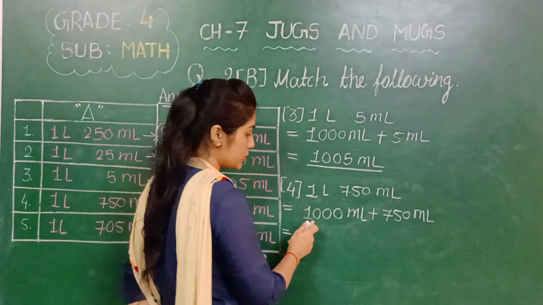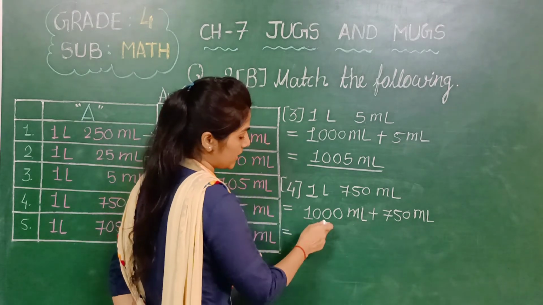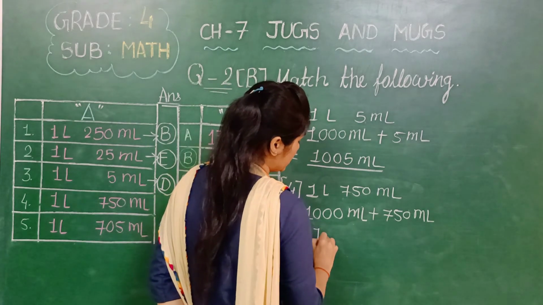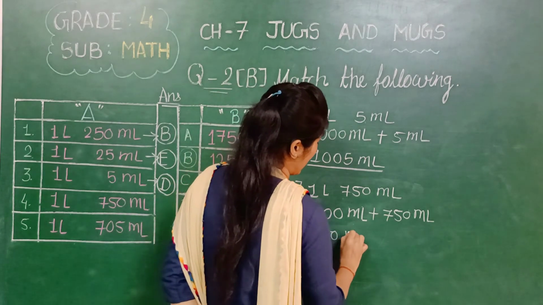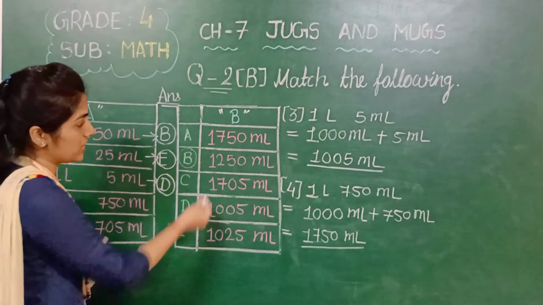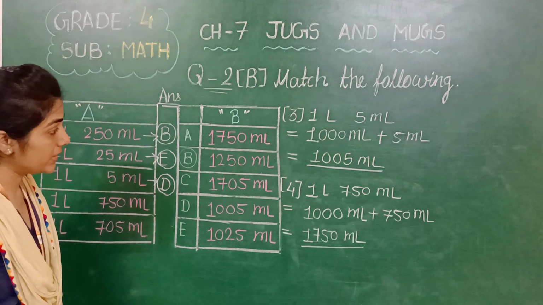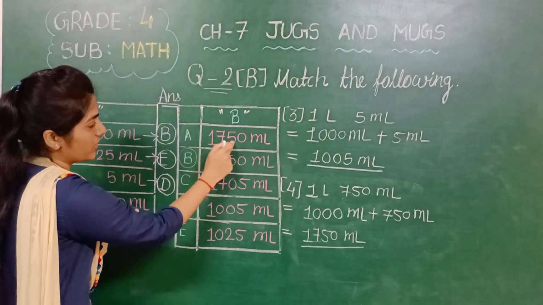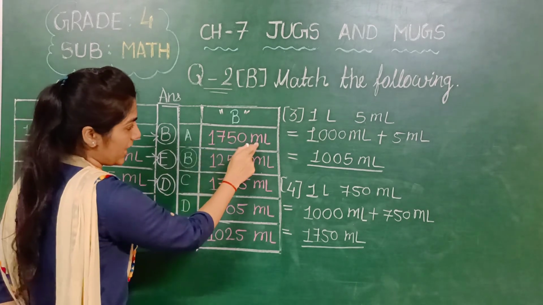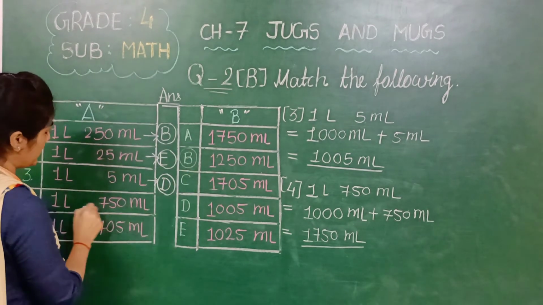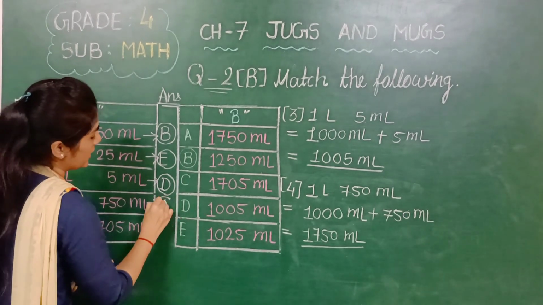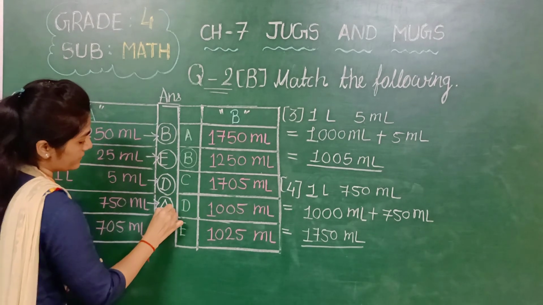Now how to do the addition? Directly you can do it because 3 zeros are there. So 1000 plus 750 is 1750 ml. This is your answer. This answer is given in front of A. So A has 1750 ml. So this alphabet A we can write in front of number 4.